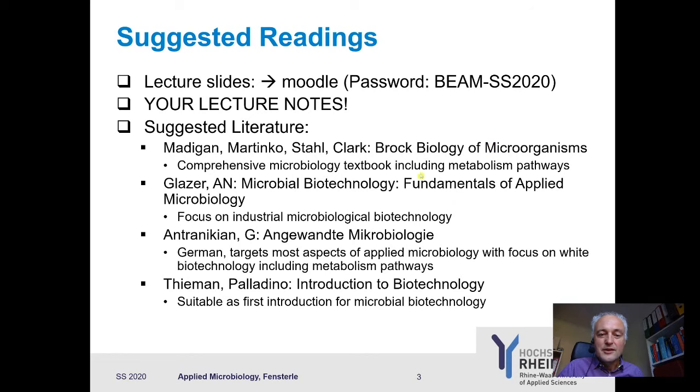There are other books, of course: Fundamentals of Applied Microbiology, Glazer, Antranikian. This is a German textbook, Angewandte Mikrobiologie. Some aspects of this course come also from these other books, but for the international students, don't worry. If you have this book and look sometimes into it, and if you follow the lecture, everything will be fine.